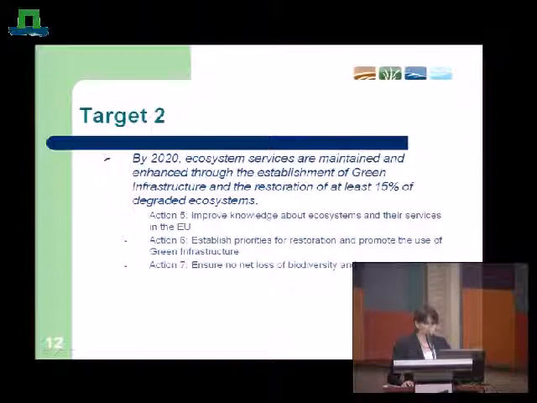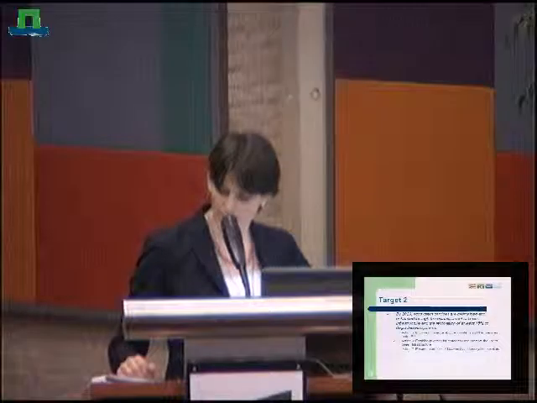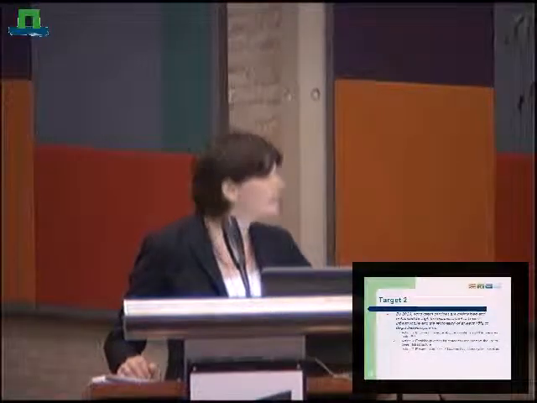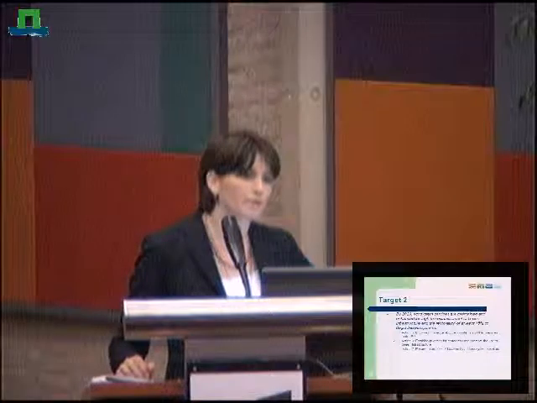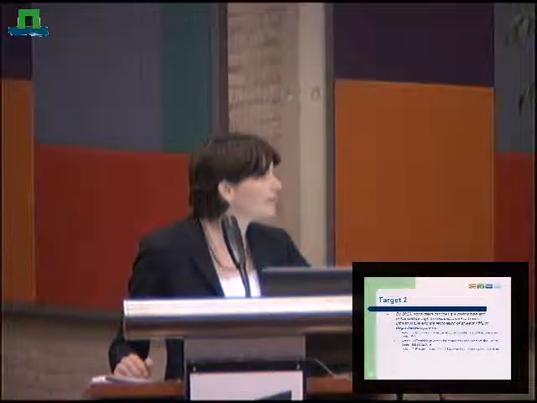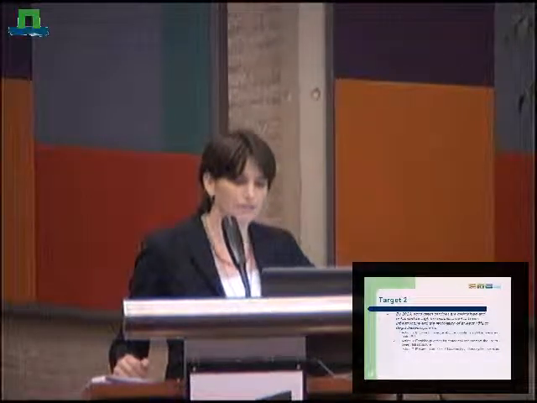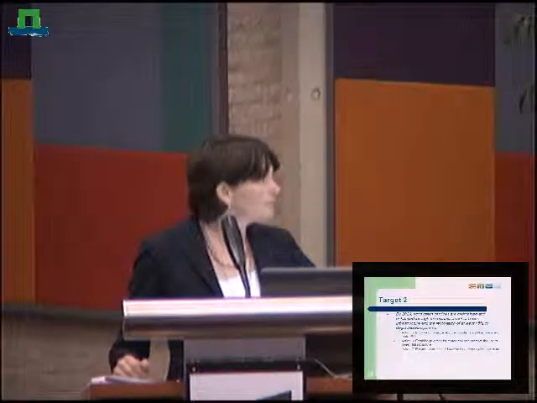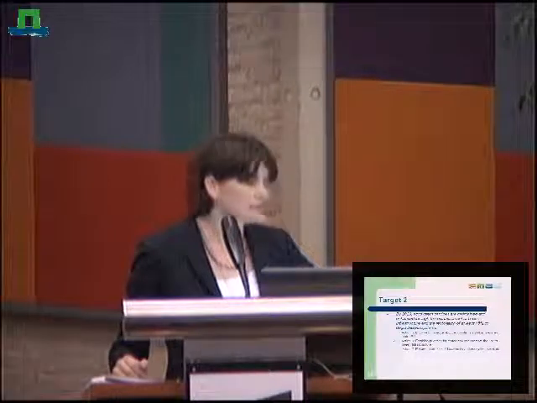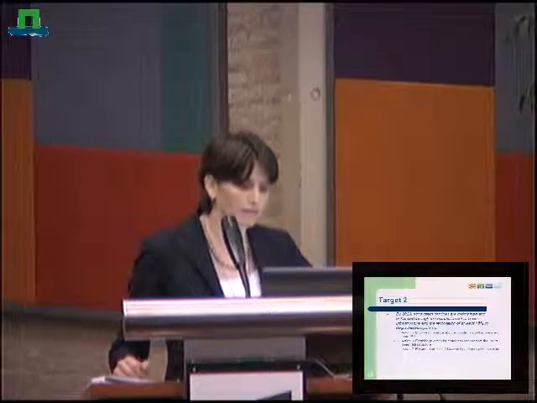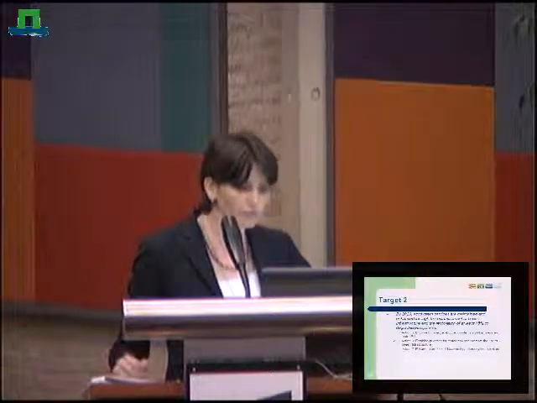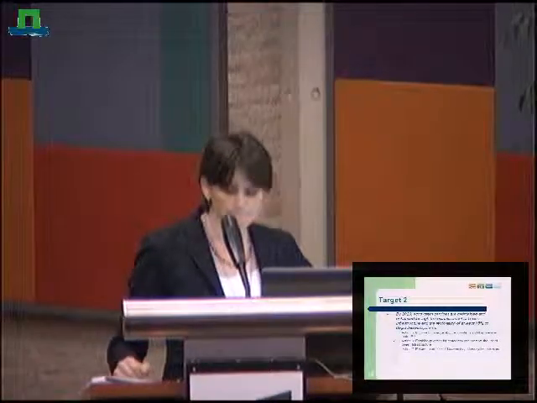And here the recognition is that although biodiversity has an intrinsic value, biodiversity in the wider landscape, and maybe ecosystems in less biodiversity-rich areas, also deliver ecosystem services that increase human welfare, and so there's a rationale for increasing these services through restoration and green infrastructure.